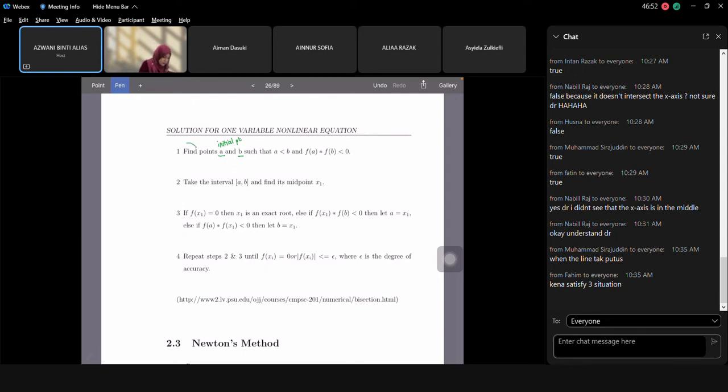So maksudnya find ni maksudnya diberi. The first step mestilah soalan tu diberi 2 initial point which is A and B, and A should be less than B lah. Okay, so jika soalan tu diberi hanya 1 initial point, so you automatically tak boleh guna bisection method, cari method lain.